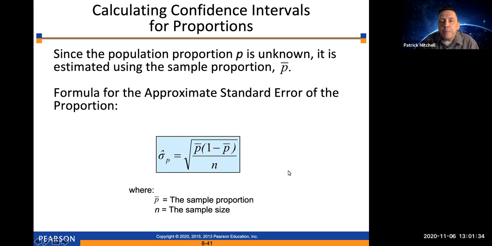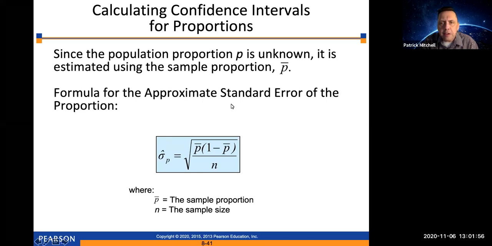Since the population proportion p is unknown, we're going to estimate it using the sample proportion p bar. So that's going to give us an approximate standard error of the proportion. And the notation we'll use for that is sigma sub p hat. Remember, we had something similar in the last section.